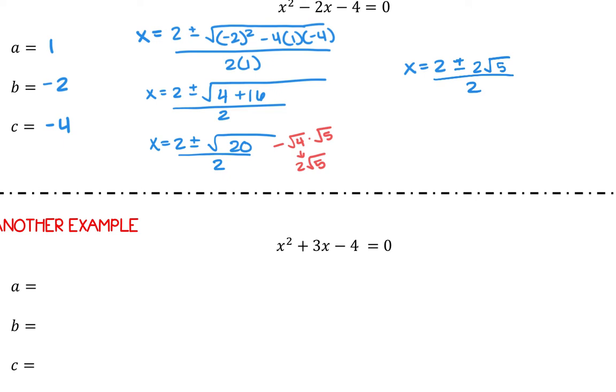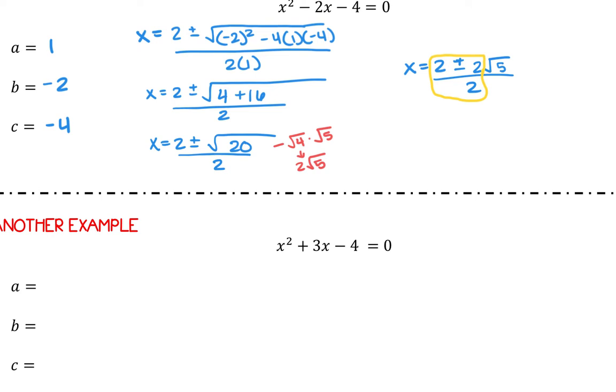So now what I'm going to look at is the numbers outside of the radical, in the numerator and in the denominator. And I'm going to see if I can take the greatest common factor from all three of those numbers. In this case, I can factor out a 2 from all three of these numbers.